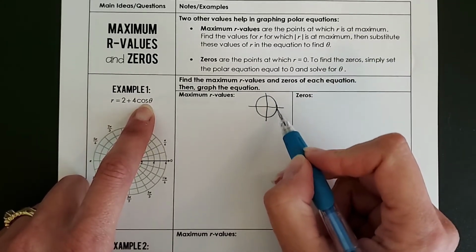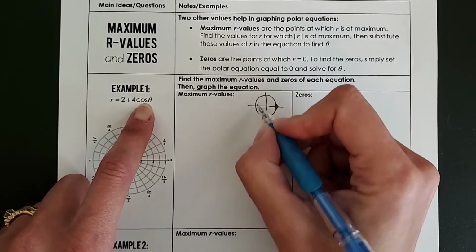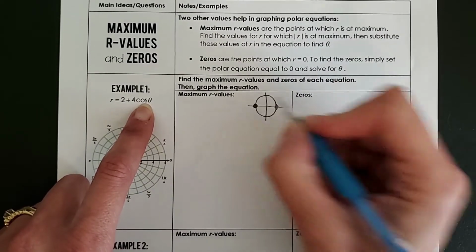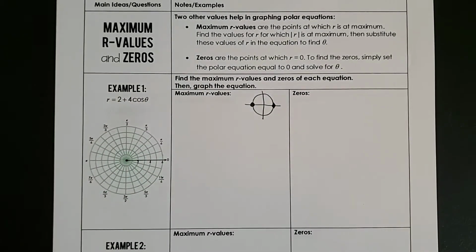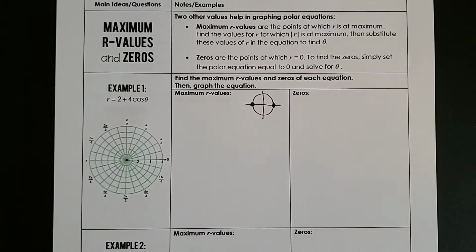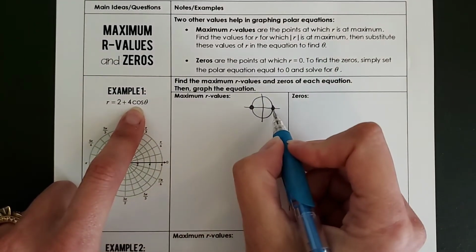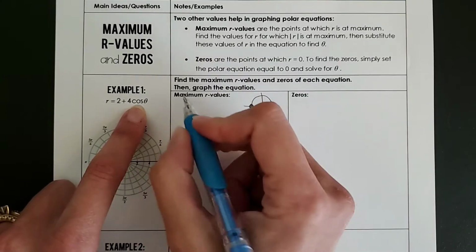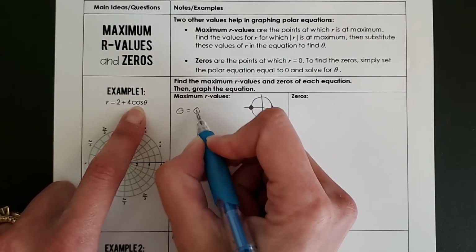Here's our maximum value, cosine of 1, and here's where our minimum value of -1 is. And those are going to provide those extreme R values for us. And so we can think, well, the cosine has a maximum when theta is 0.